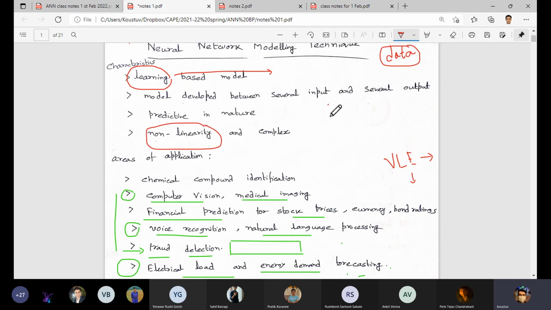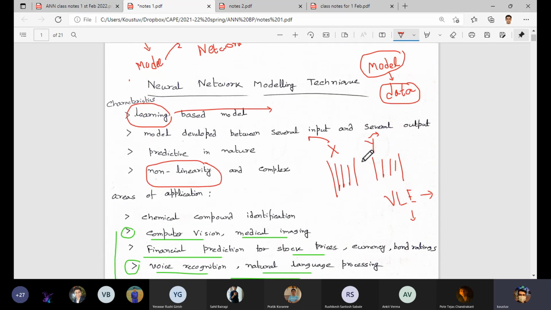The data set can be, in general we write X and Y as we are familiar with, this is the input and this is the output, but it is not just a single data set. In the X we can have many different types of data. Even in the Y we may not have just a single output, we can have multiple outputs. So it is basically developing a relationship between multiple inputs and multiple outputs.